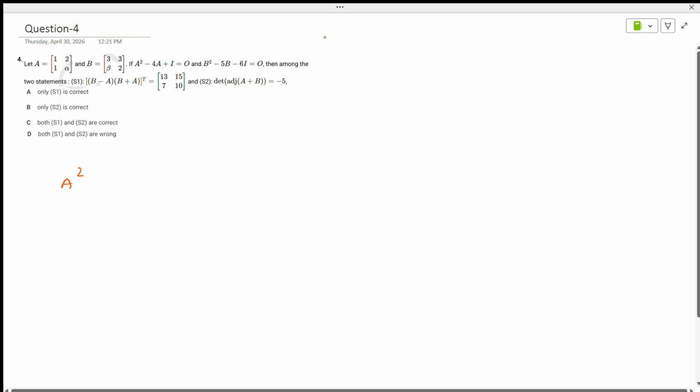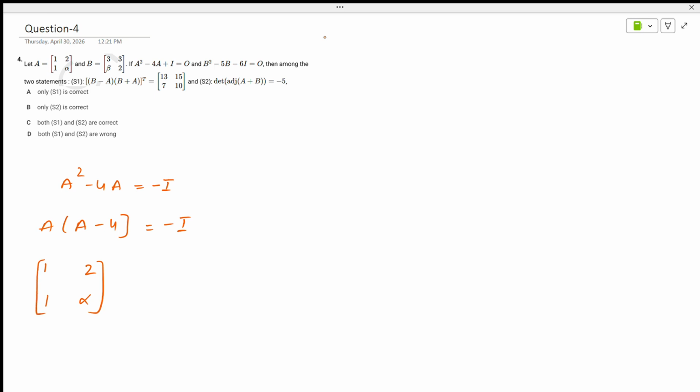A square minus 4A, transpose the I to the other side, you will get minus I. If you take A common, A of A minus 4I is equal to minus I. A is nothing but 1, 2, 1, alpha. We subtract 4I, we will get 1 minus 4 is minus 3, then 2, 1, and alpha minus 4. That should be equal to minus 1, 0, 0, minus 1.